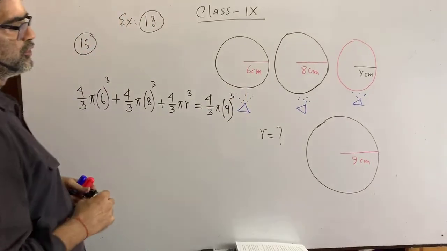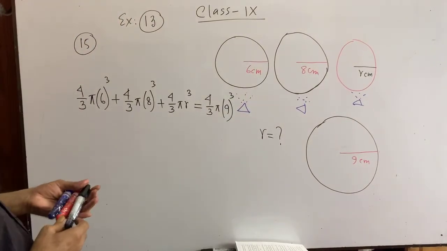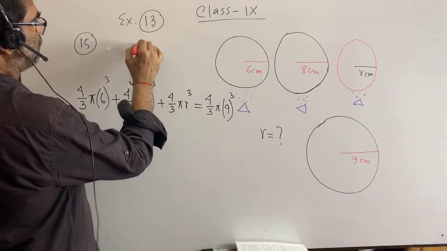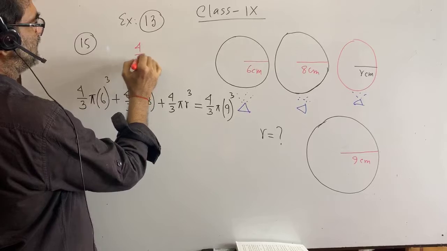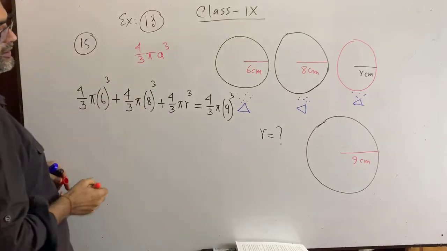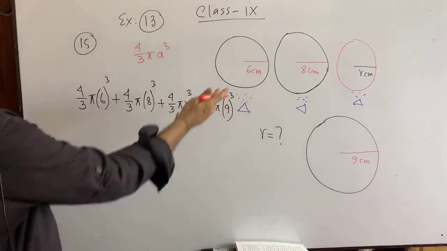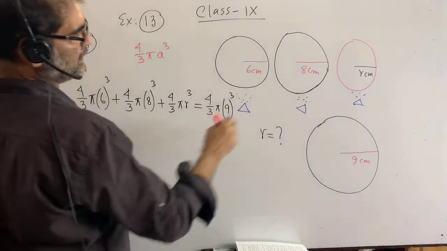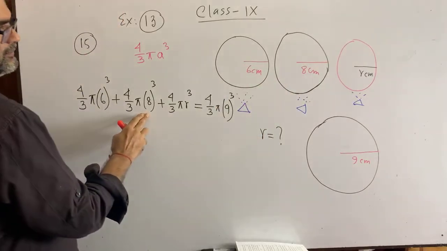What is the formula to find out the volume of a spherical ball? The formula, you must know, is 4 by 3 pi a cube, where a is the radius of the sphere. In this ball, radius is 6 centimeter. Here radius is 8 centimeter.